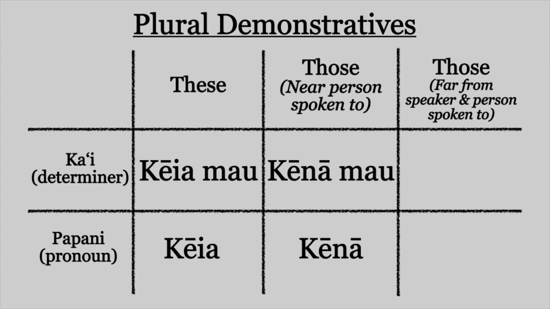And finally, our demonstrative those when the objects are far from both the speaker and the person being spoken to. As a ka'i, it's ke la mau, such as ke la mau keiki, those children over there. But as a papani, it's just ke la, such as he mau keiki ke la, those are children over there.